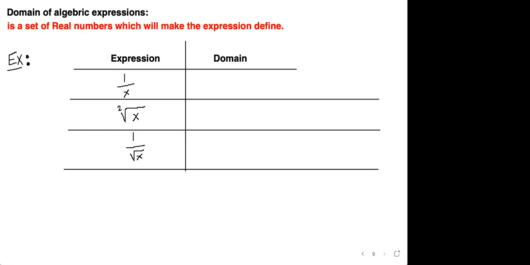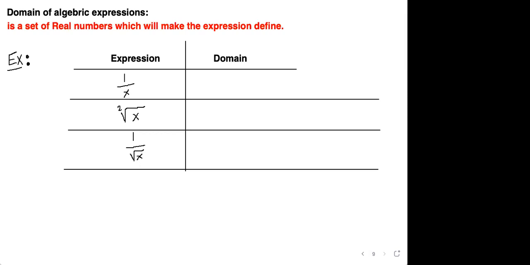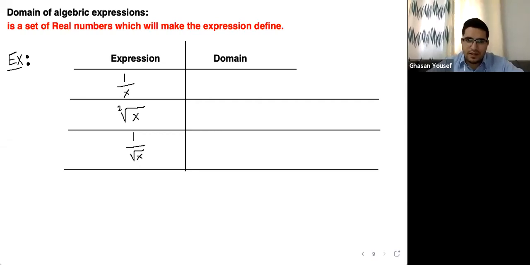Oh, I think I know, x was 0. What about 0? Can I plug in the 0 here? No. 1 over 0? No. So I cannot plug in 0. So I can plug into this expression all real numbers except the number 0.